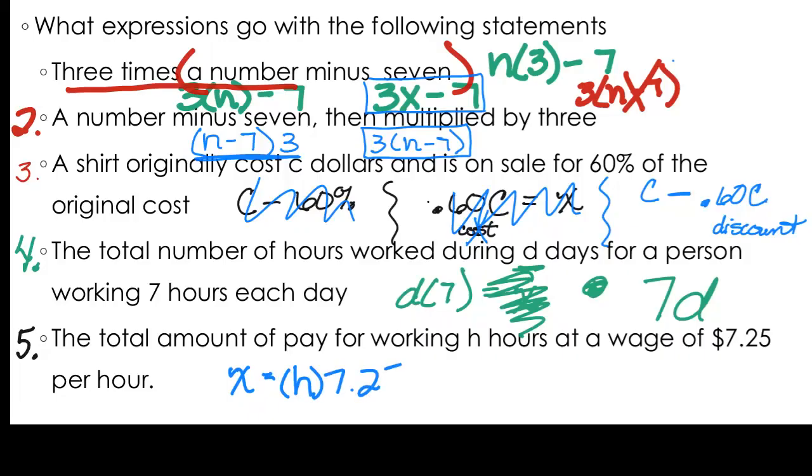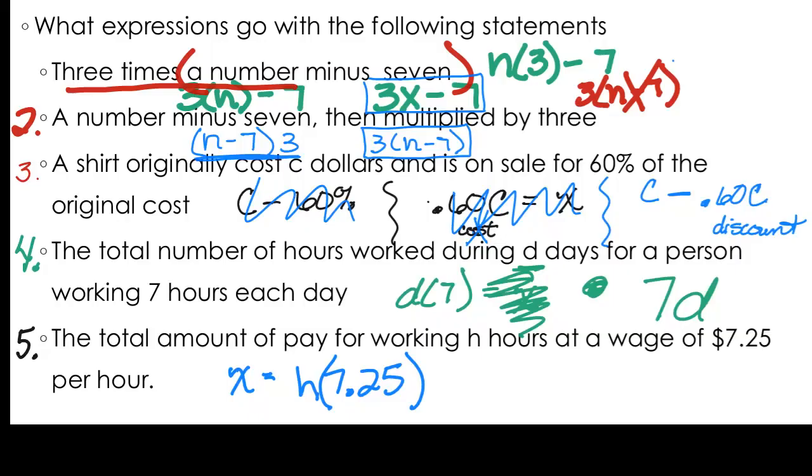Like this? Well, I was thinking the 7.25 is inside the parentheses. Inside the parentheses. Okay. Like this? Well, and H outside. Oh, H outside. Okay. Like that. Yeah. Okay. Sort of, but this is not an equation. There's no equation here. I just need an expression. So you're right there.